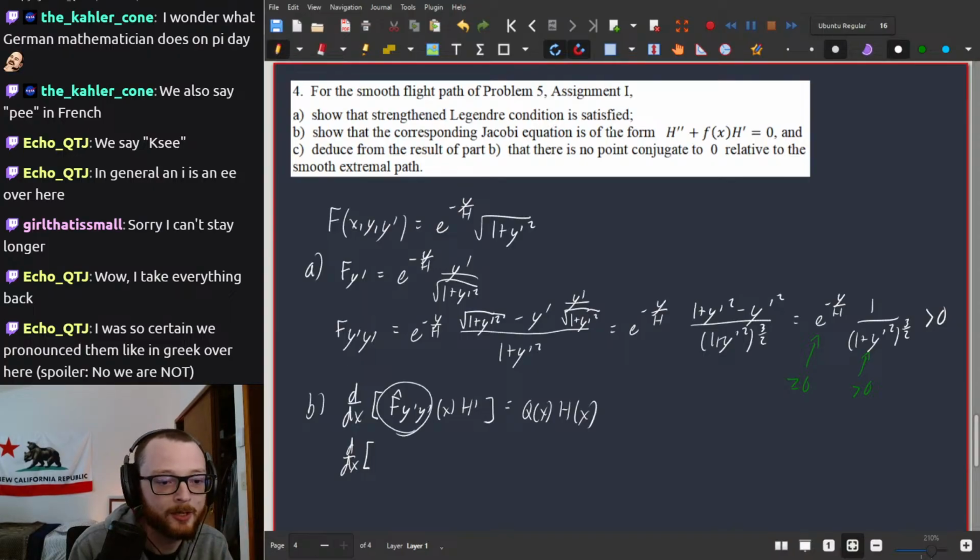I think we just calculated. Oh, I don't want to do another derivative of this, though. Hopefully we can avoid it. We might not have to explicitly calculate this derivative.